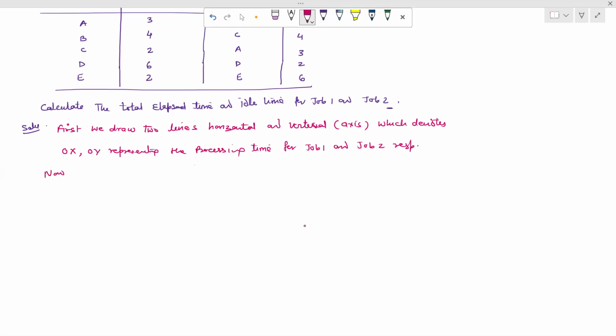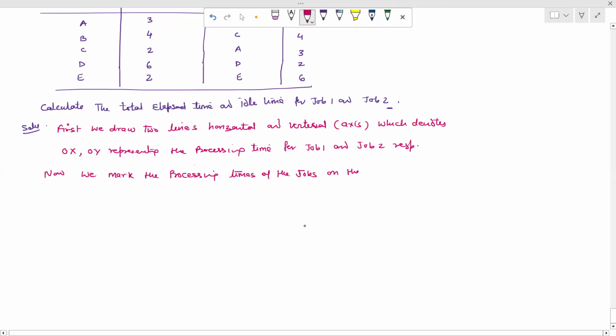Now we mark the processing times of the jobs on the machines in the given order.